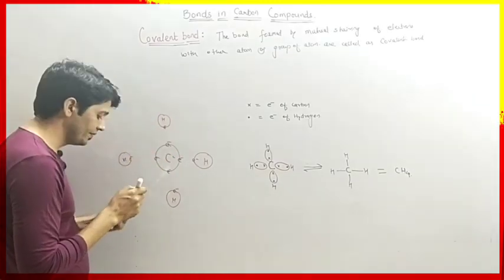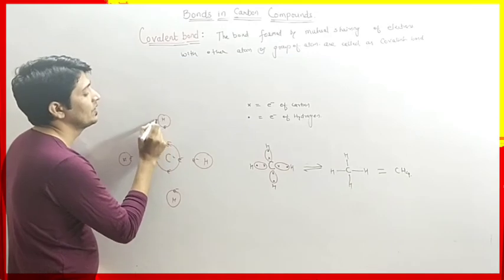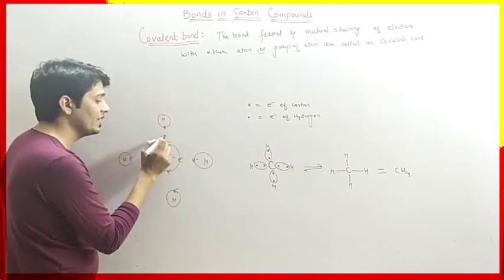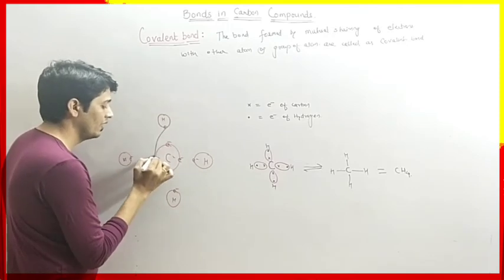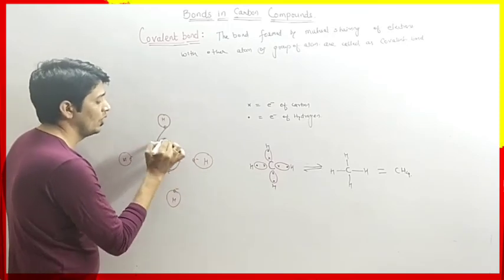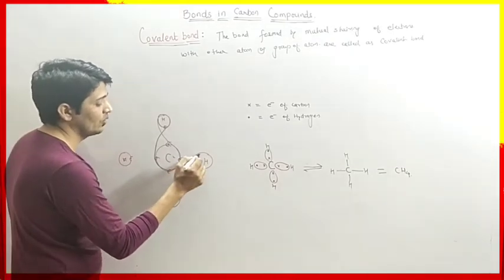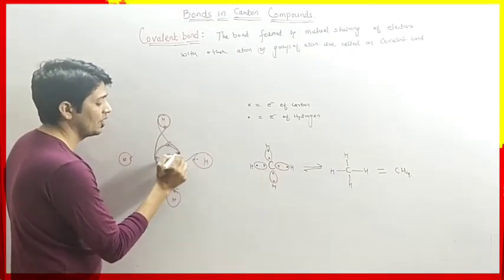Okay, so see, this electron of hydrogen revolves around the hydrogen atom in its shell, as well as in the orbit of the carbon atom. Okay, here also in the same way, this electron revolves in the hydrogen shell as well as in the carbon shell.